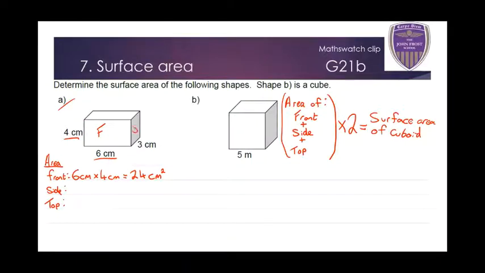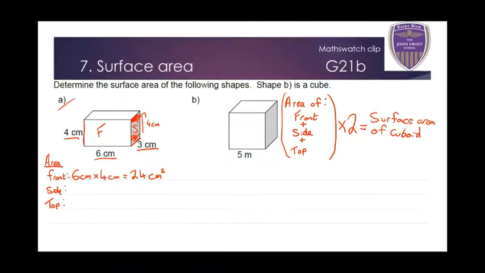Now for the side, this is the side here. So I need to find the area of this panel here. And that is going to be, well, the base of this shape is 3 centimeters and the height is going to be 4 centimeters because it's the same as the height over here, okay?